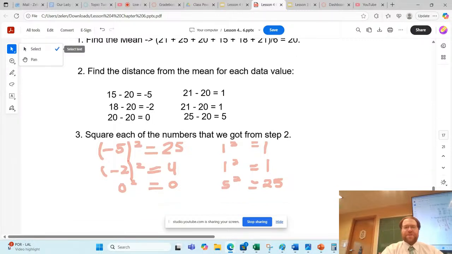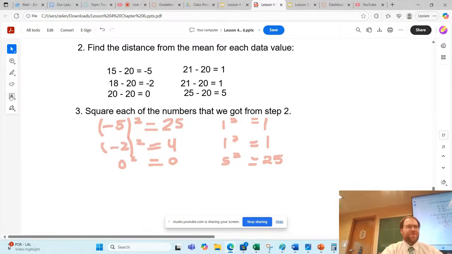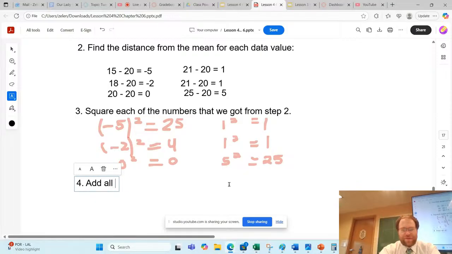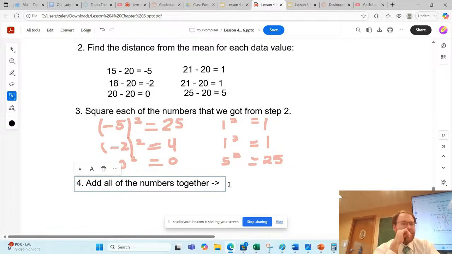So then step 4 was to do what? You have to add them all up. So add all of the numbers together, which would give us what number in this case? 56.